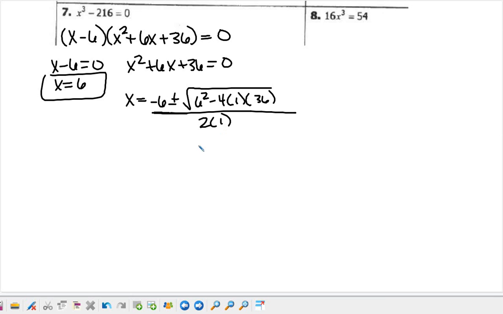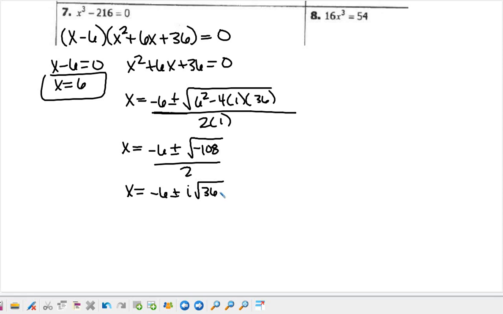over 2 times a. So x is equal to negative 6 plus or minus the square root of 6 squared minus 4 times 1 times 36, negative 108, over 2. So I have x is equal to negative 6 plus or minus i, square root of 36 times 3, over 2.